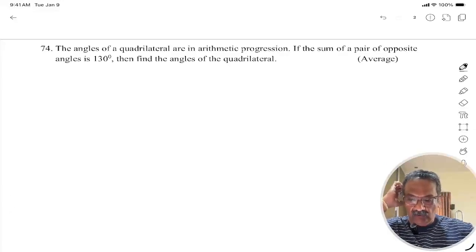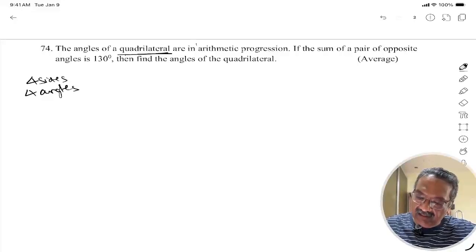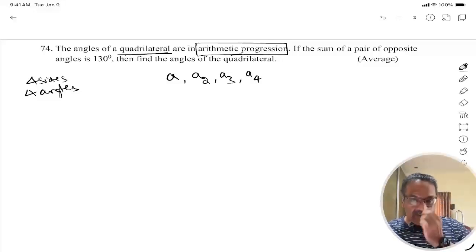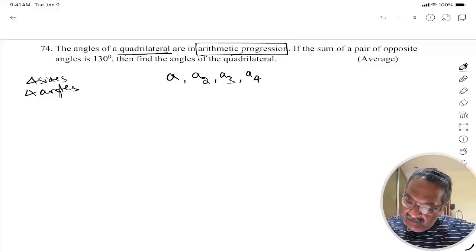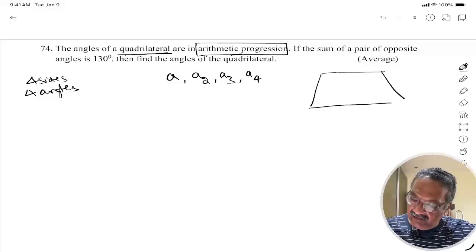The angles of a quadrilateral means there will be 4 sides and 4 angles. Now these angles are in arithmetic progression. So the angles A, A2, A3, A4, they are in arithmetic progression. If the sum of a pair of opposite, okay, let us take this quadrilateral.